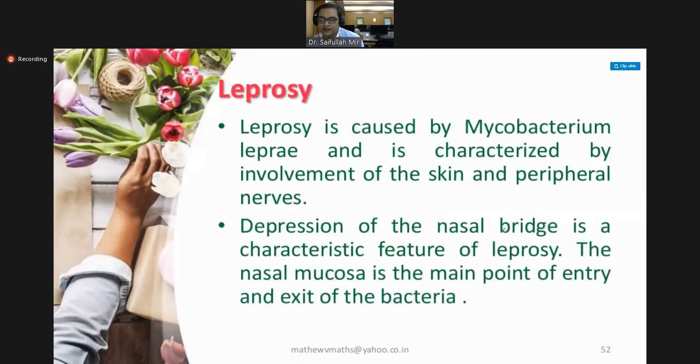Leprosy is rare, but bony destruction is common, while the cartilage remains intact. Normally, whenever we do a surgery, we get a saddle nose by the disruption of the cartilage, like in case of over-resection of the nasal septum.